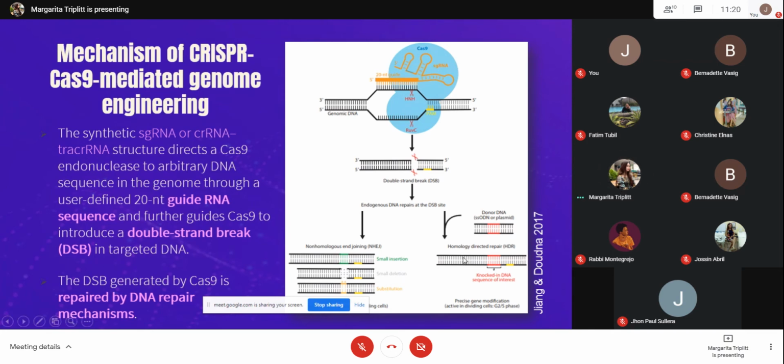And this type of mechanism can produce our desired mutations, our desired sequences that this particular sequence of the DNA would contain.